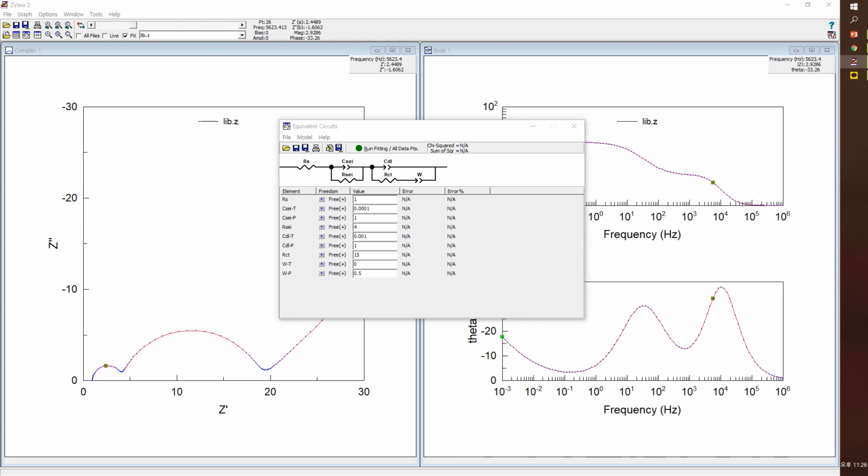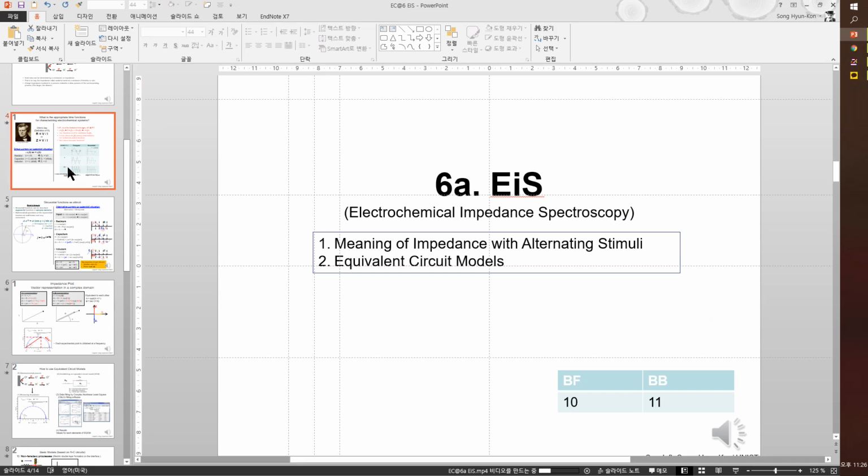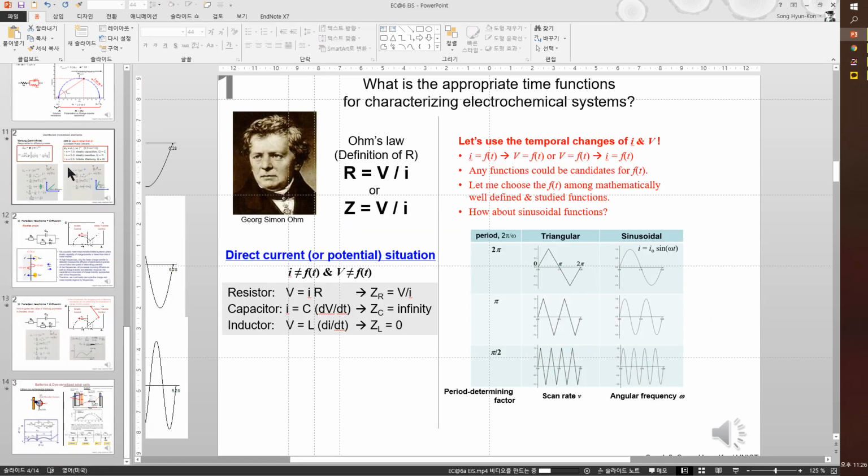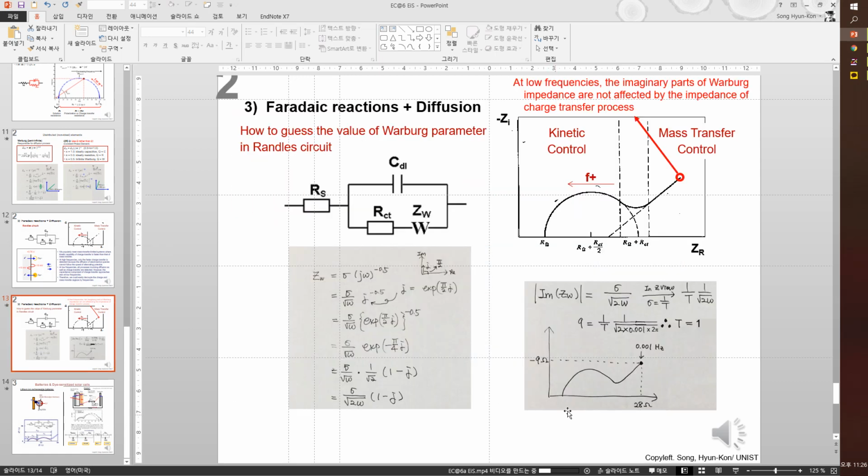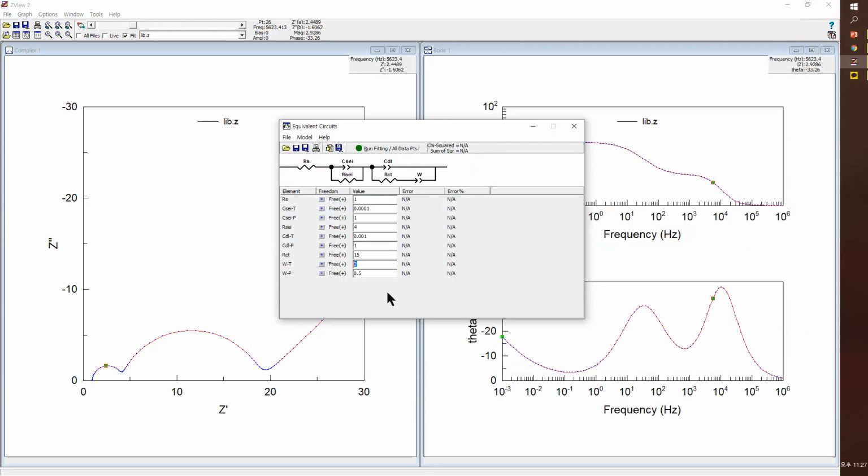In the impedance spectroscopy chapters, you have learned about how to guess the T parameter of the Warburg. So use this method. Then I have guessed the T value is around 1.